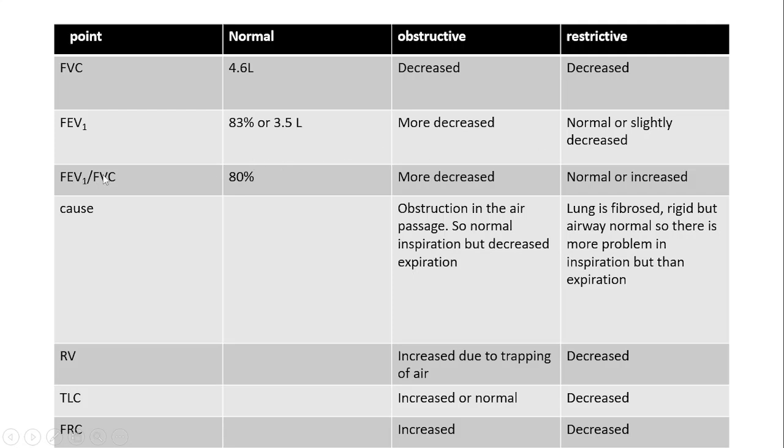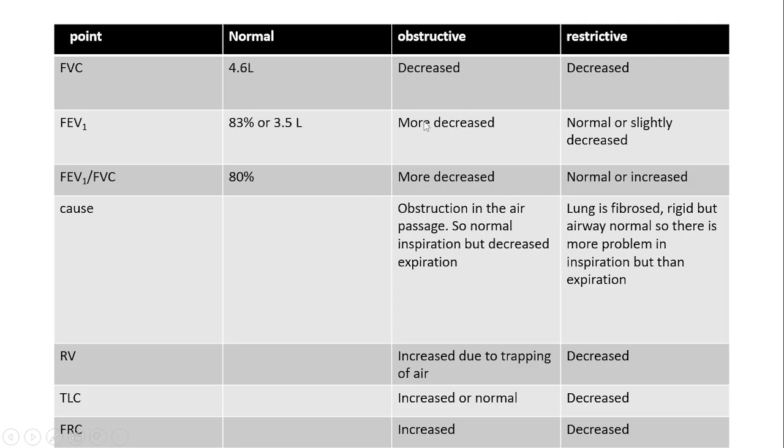So the FEV1 FVC ratio will be more decreased in case of obstructive lung disease, as the FEV1 is more decreased in obstructive lung disease in comparison to FVC. So the ratio will be more decreased in obstructive lung disease, and as the FEV1 remains normal or slightly decreased in restrictive lung disease, if the FVC and FEV1 both decrease proportionately, then the FEV1 FVC ratio will remain normal.